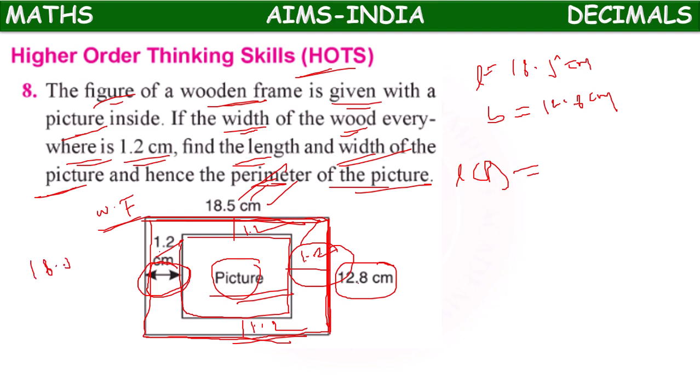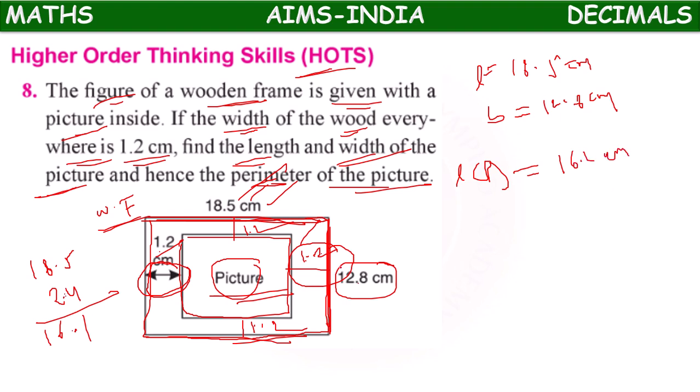From 18.5, we have to remove 2.4. From 5 minus 4, 1. 18 minus 2, 16. So length of picture is 16.1 centimeter.